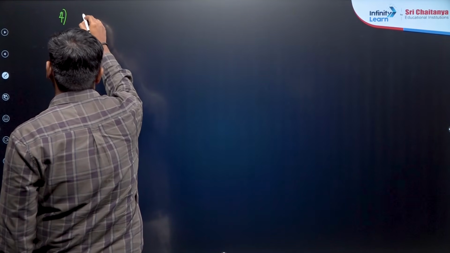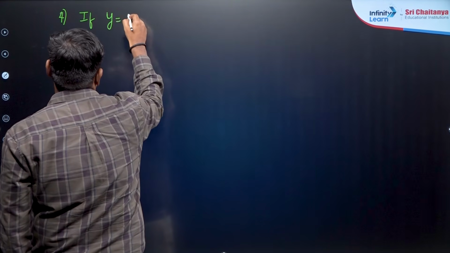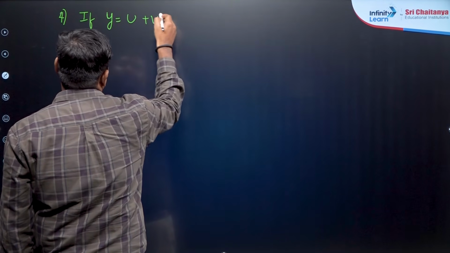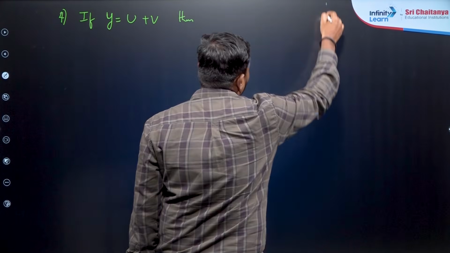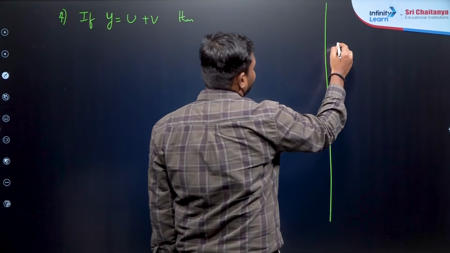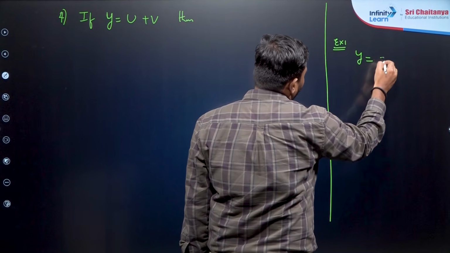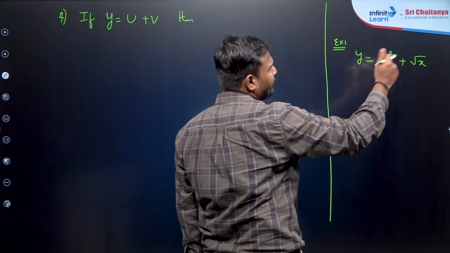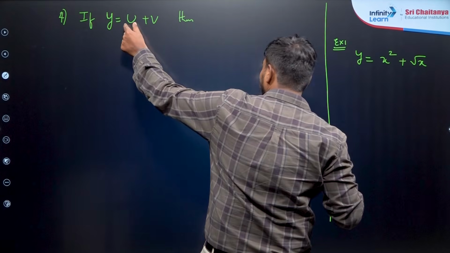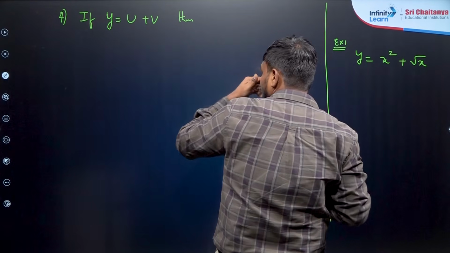Fourth formula: if y is equal to u plus v, let us say they have given y is equal to x square plus root x, something plus something, where u is also a function of x, v is also a function of x.